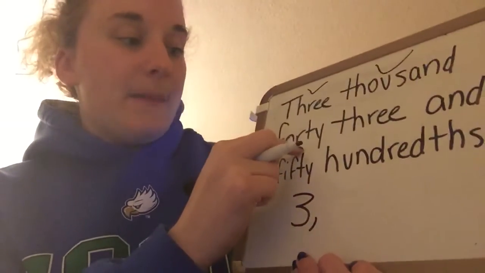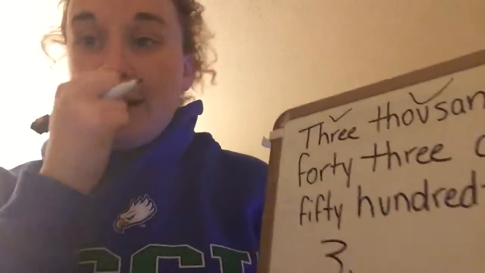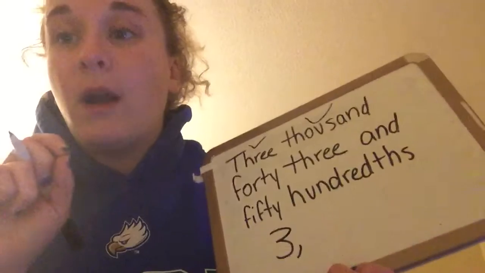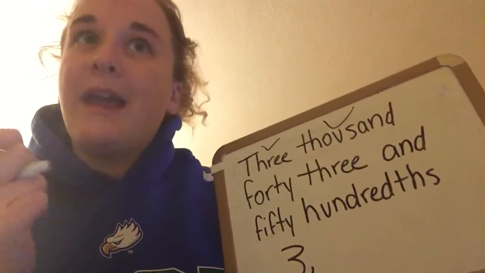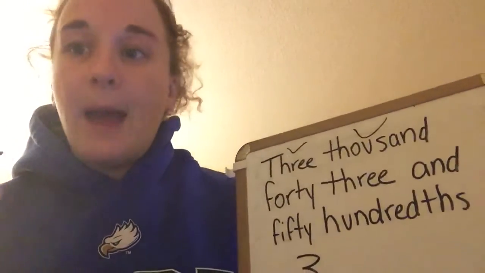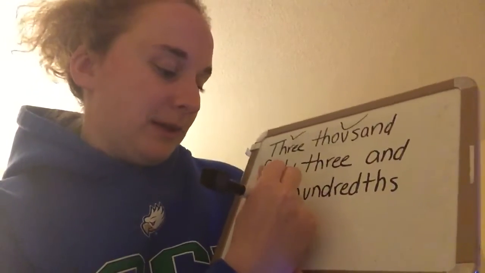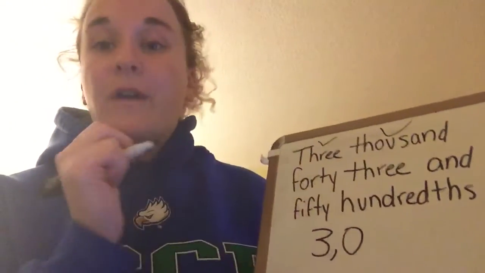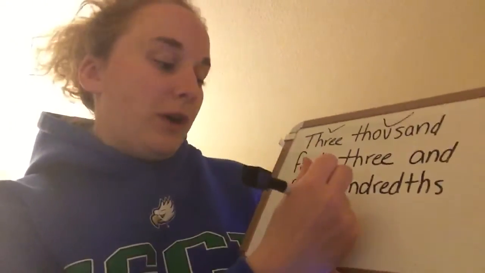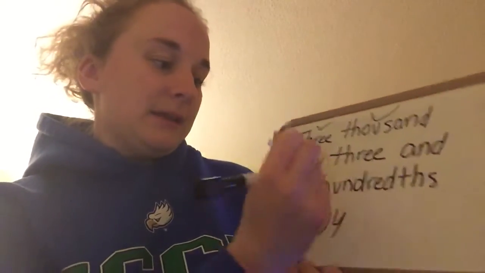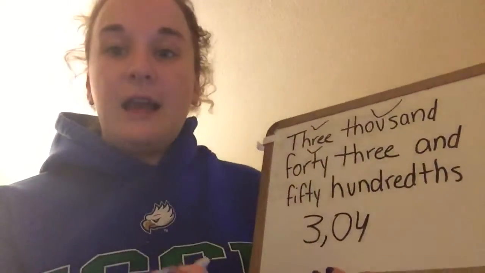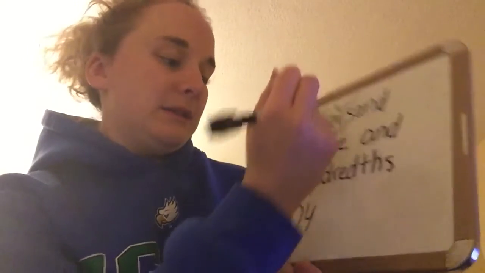My next number is 43. Now notice it's not 400. So if there's no 100, I'm going to put a 0 in the hundreds place. For 40, I'm going to put a 4 in the tens place. I'm going to check it off.